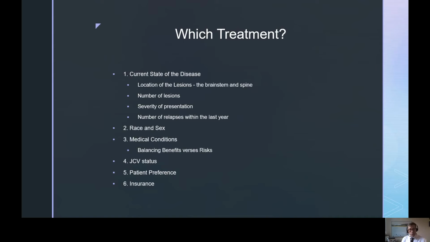In patient preference, there are some patients that prefer to take a pill every day. Other patients prefer to go in for an infusion, and actually some patients do not mind doing an injection. And then another factor is insurance. What I tell patients is, let's make a decision together based on what we feel is the best fit for you, and then we'll work out the insurance piece.